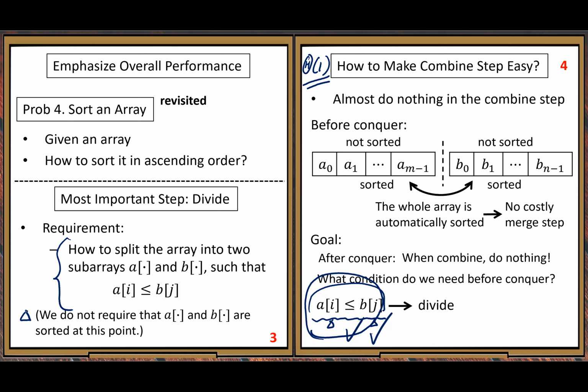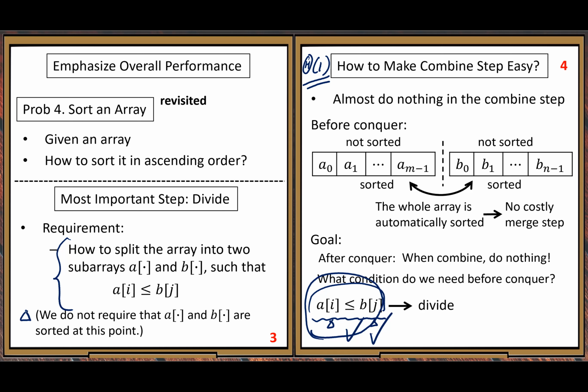Only after the conquer step, when we call recursion, is each individual subarray sorted. That part is in the conquer step, but in the divide step, we do not require that.